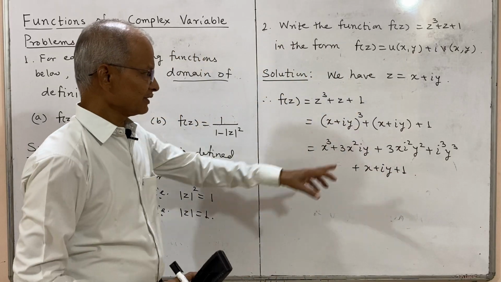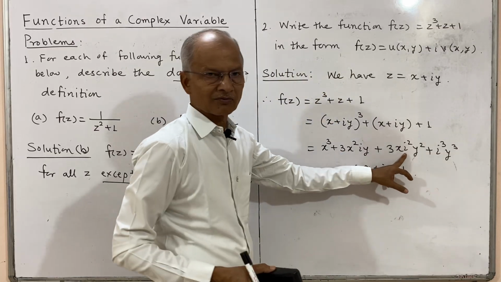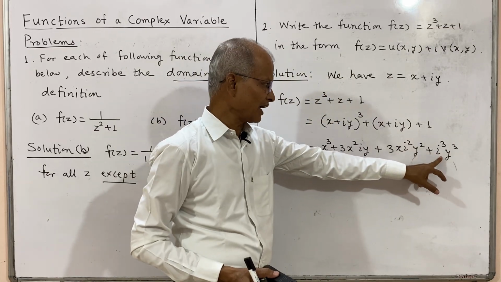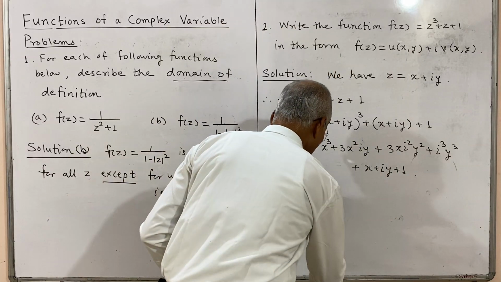So we have expanded this. Now see, we know that i² is -1 and i³ is -i. So we shall put these values and we shall collect the real part.